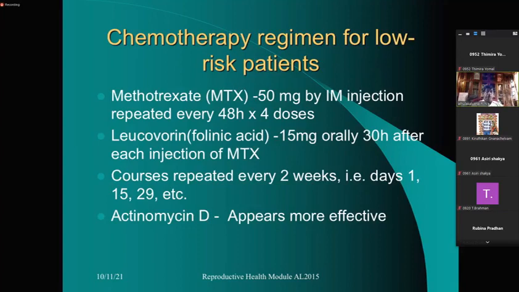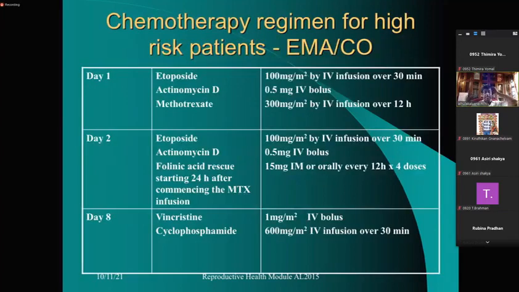If you are in a high risk category, that means you have multiple risk factors, you have to use combination chemotherapy. That is, you use many drugs together, like in a cancer situation.